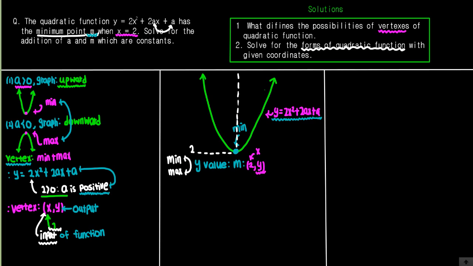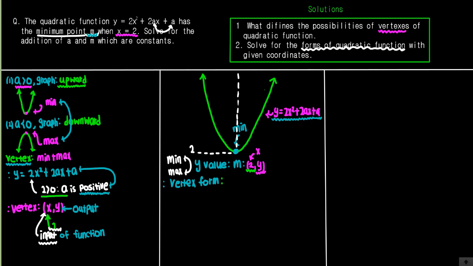The most suitable form to convert to is the vertex form. The reason is that the vertex form is optimized for solving for the vertex of this function, and it is the only form we can convert to in this case, since they gave us the x value of our vertex, which is 2.